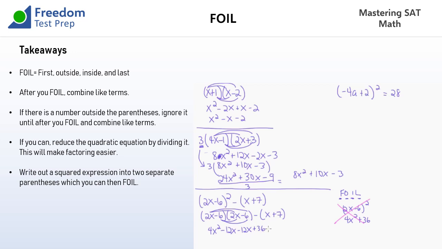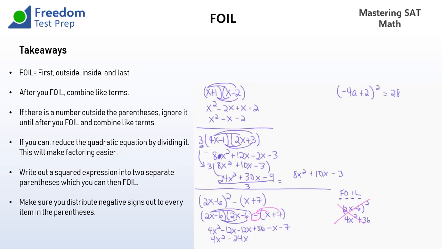And now we're going to deal with this bit of business, the rest of the problem. Now we have to distribute that negative out to both of these things, the x and the 7. So it's going to be negative x and negative 7. And now we can combine like terms. We've got 4x squared. We've got a negative 24x.